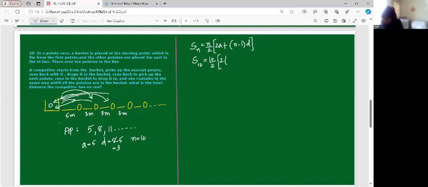A is 5 plus 10 minus 1, because n is 10, and common difference is 3. 10 by 2 is 5 into this is 10 plus 27, 185. So how much distance it covers? Answer is 185.